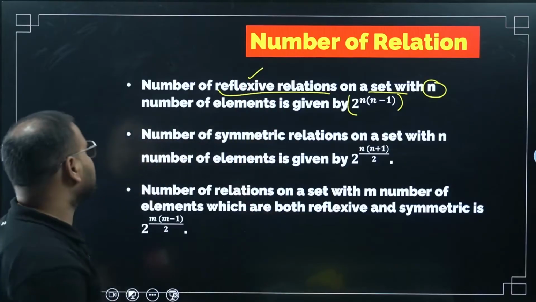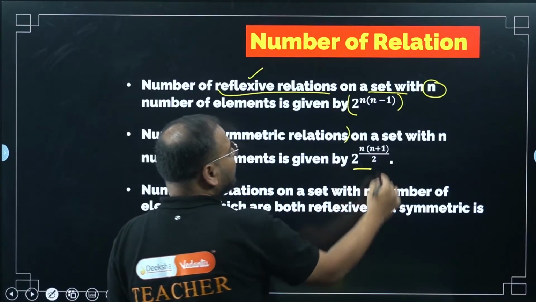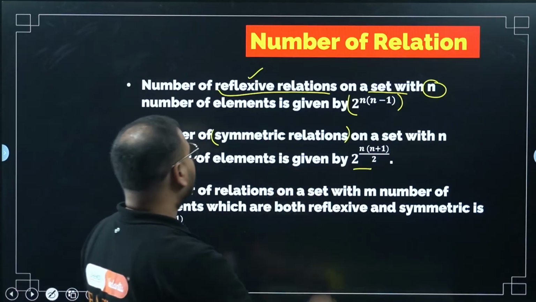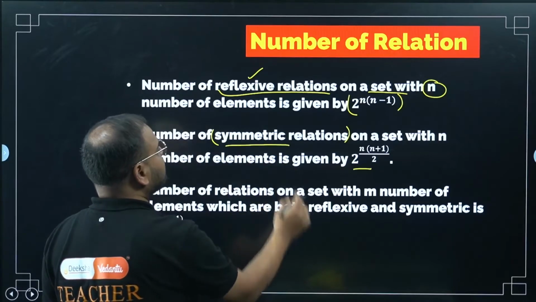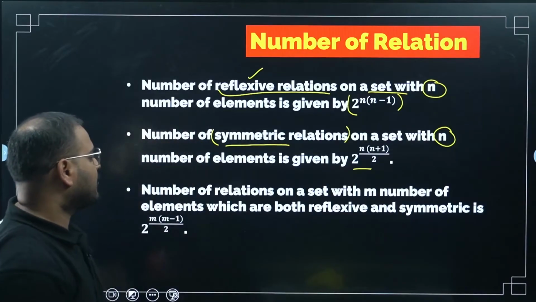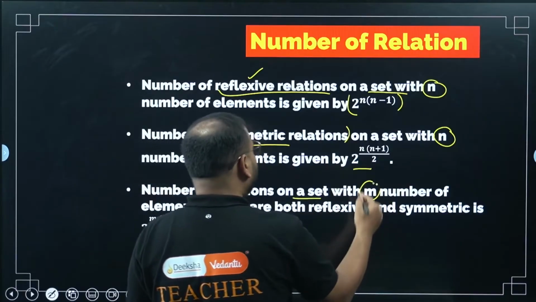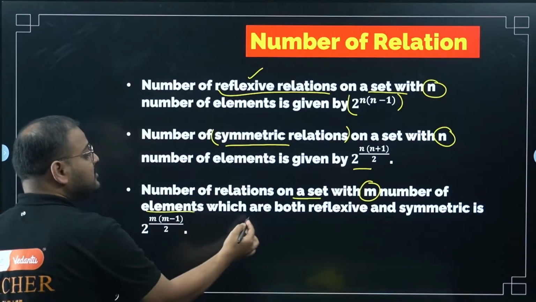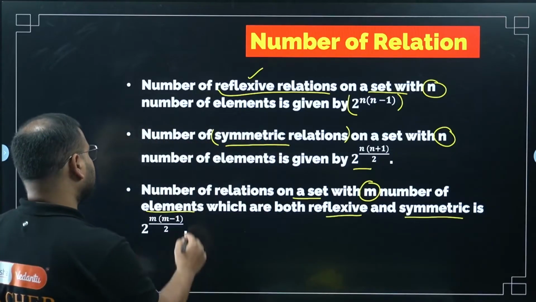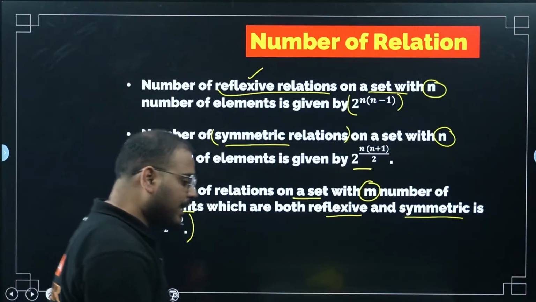What about symmetric relations? The number of symmetric relations on a set A with n elements is 2 to the power n times (n plus 1) by 2. And the number of relations on a set with m elements which are both reflexive and symmetric is given by 2 to the power m times (m minus 1) by 2.